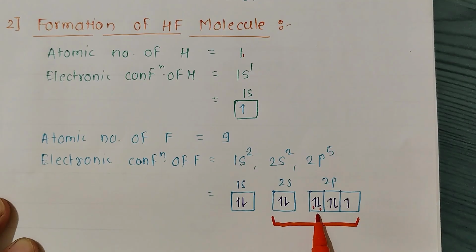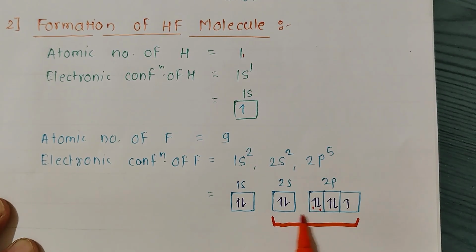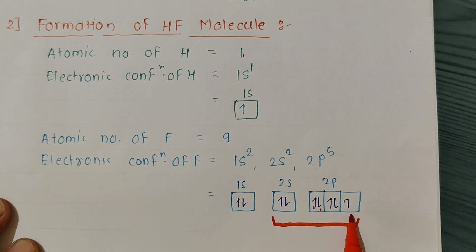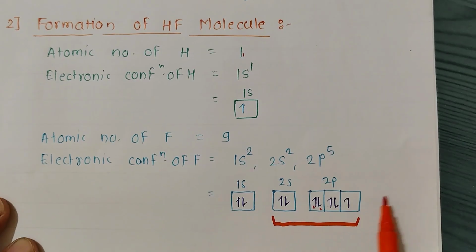So these are the non-bonding electrons, which means this type of electrons does not get involved in bond formation, because they don't need an electron, since 2 electrons are already present. But here one unpaired electron is present. So that's why fluorine can form one bond.